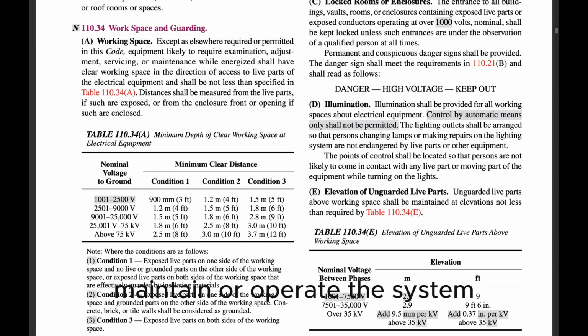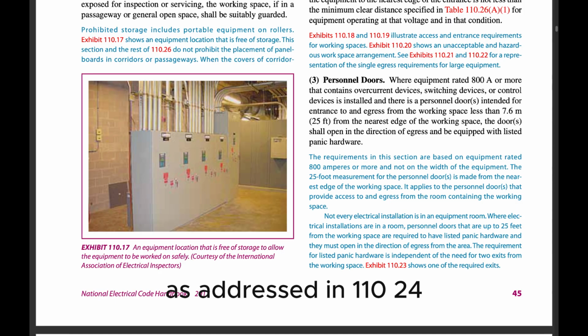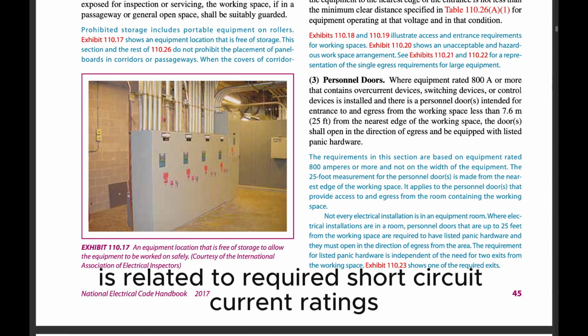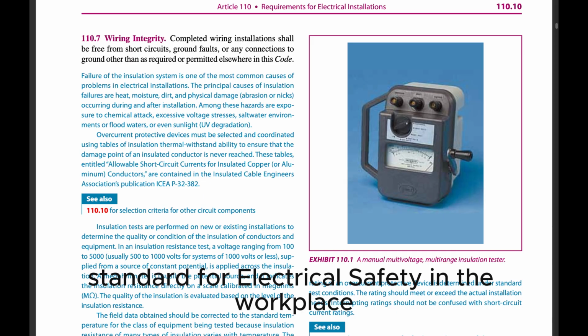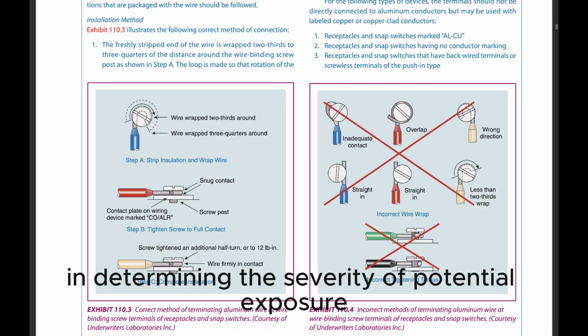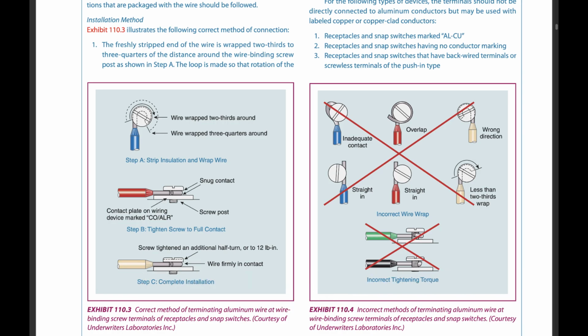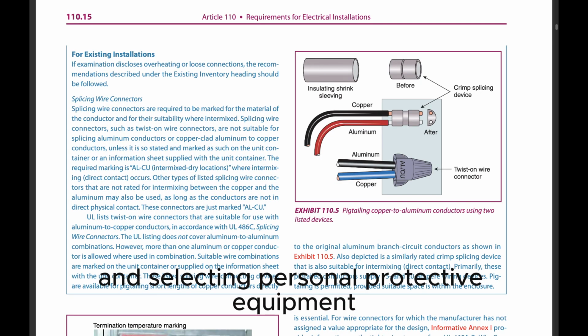Informational note: the available fault current marking(s) addressed in 110.24 is related to required short-circuit current ratings of equipment. NFPA 70E-2015, Standard for Electrical Safety in the Workplace, provides assistance in determining the severity of potential exposure, planning safe work practices, and selecting personal protective equipment.